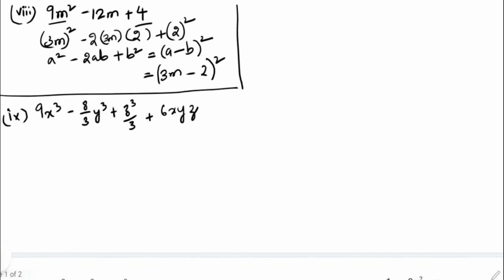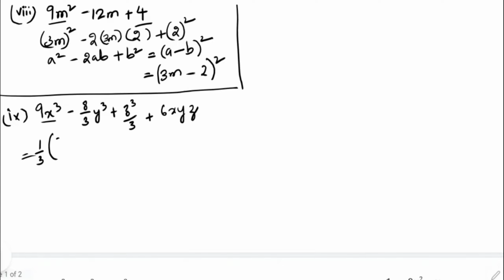Okay, so first of all we will try to take out 3 common. I want to take out 3 common from the denominator. Since in the 9x³ we are not having 3 in the denominator, that means we need to multiply and divide.